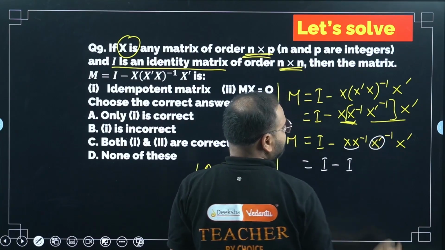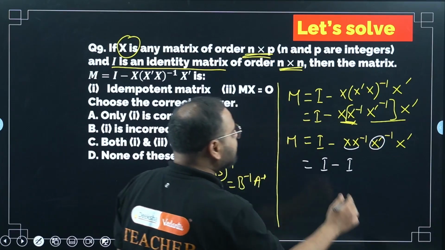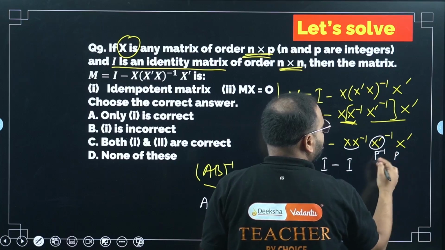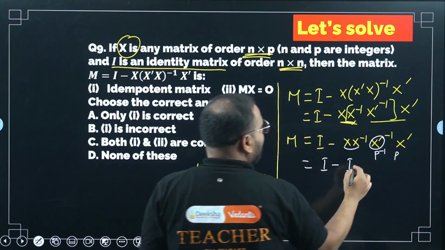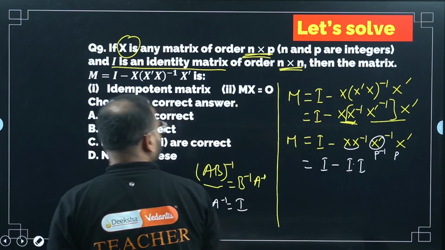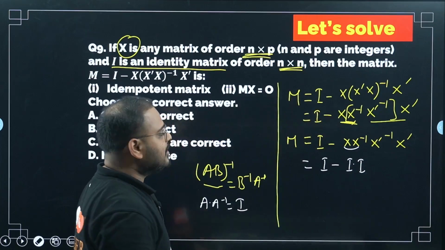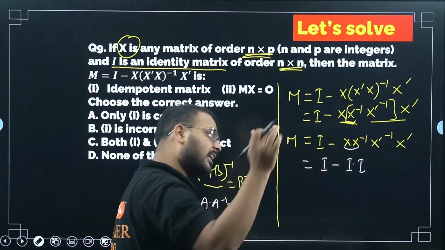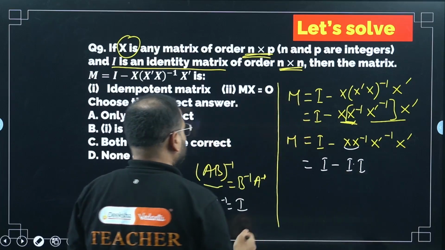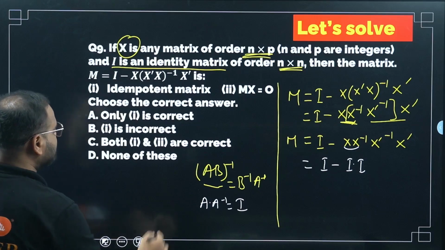I can take this as some other matrix. X transpose is also a matrix only, no? So that matrix, let's call it P. P inverse into P, what is the answer? Again same, sir. I only. Don't take it as P, just to explain you. Even X dash or X transpose is a matrix, so X transpose inverse multiplied with X transpose gives identity.